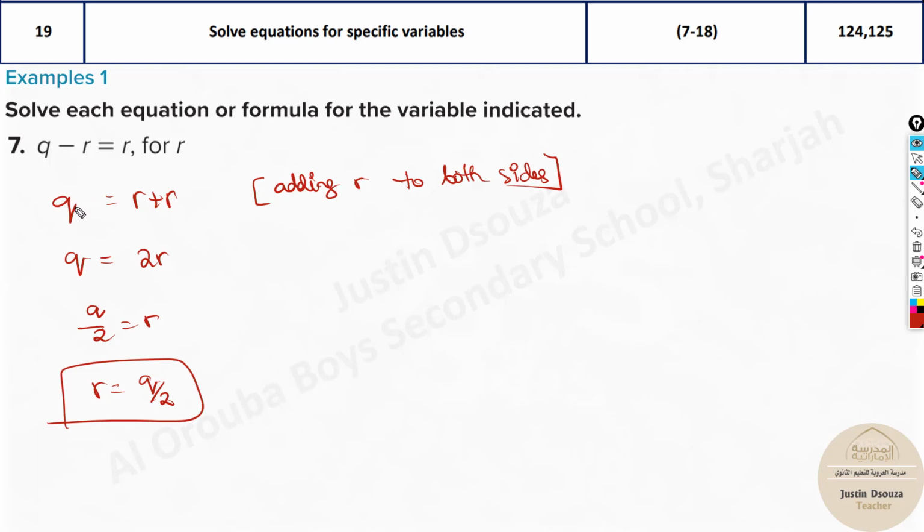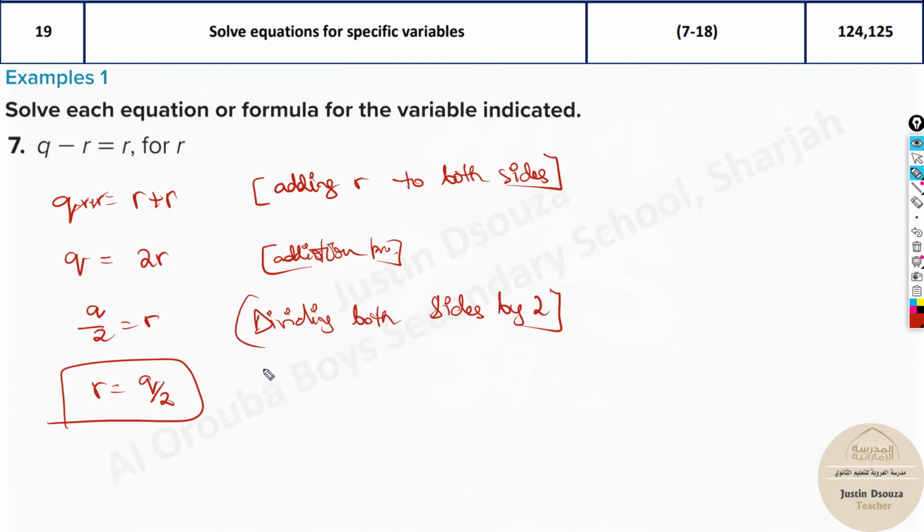So basically what happens over here is Q minus R plus R, this cancels, and over here you will have, by the addition property, 2R. Then dividing both sides by 2, simplifying, and getting the answer.